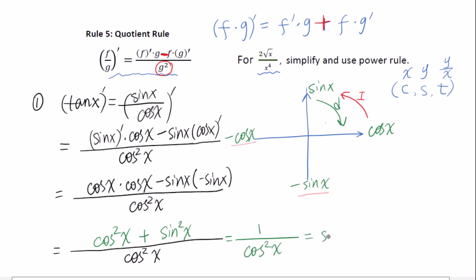We can write this as secant square x. Therefore, the derivative of tangent x equals secant square x. Using the same way, you can figure out that the derivative of cotangent x equals negative cosecant square x.